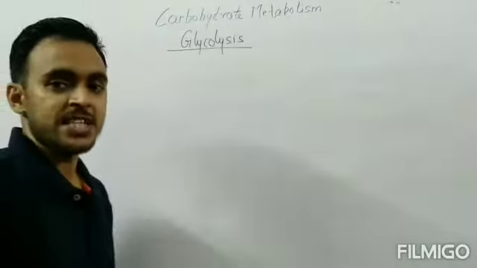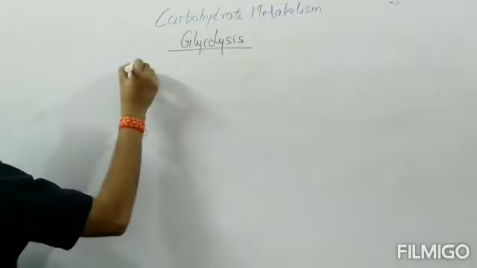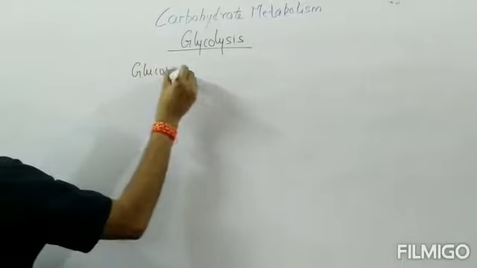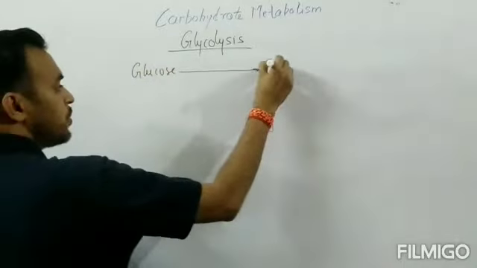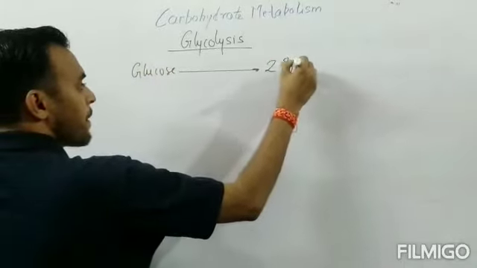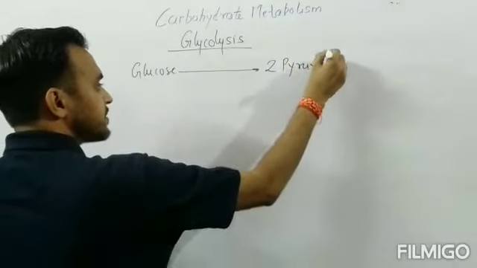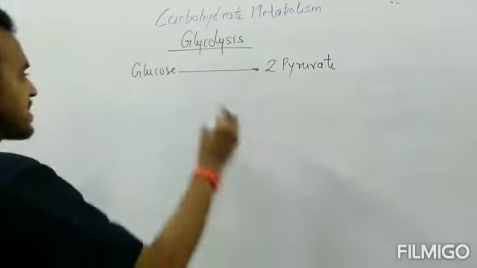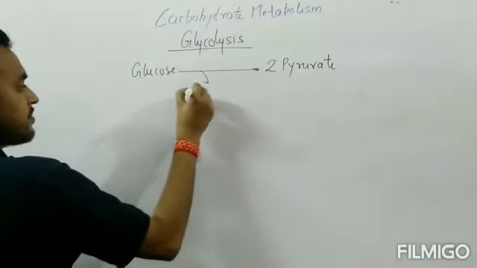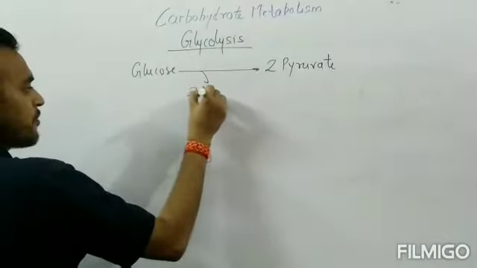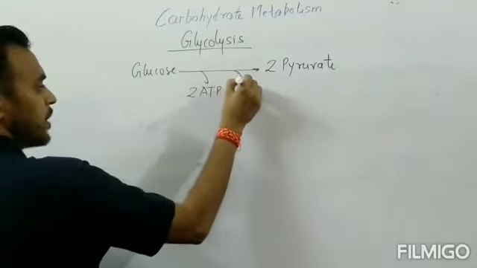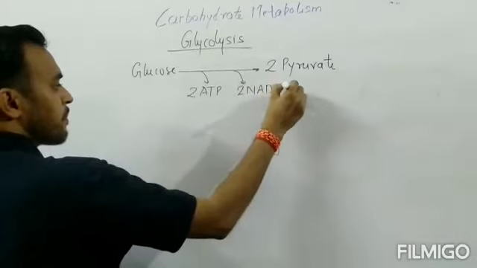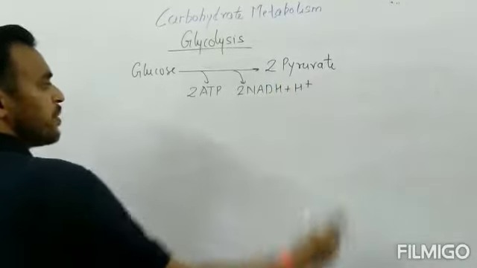Glycolysis is a 10-step process in which one molecule of glucose is converted into two molecules of pyruvate, and it gives two molecules of ATP and two molecules of NADH plus H positive.